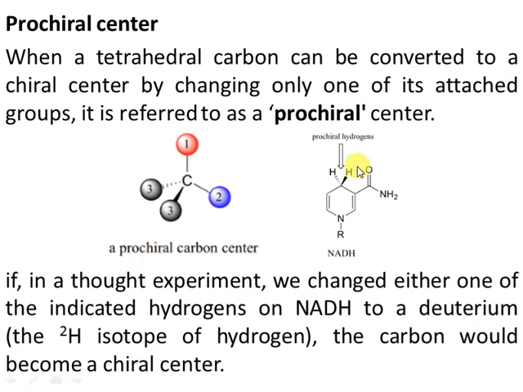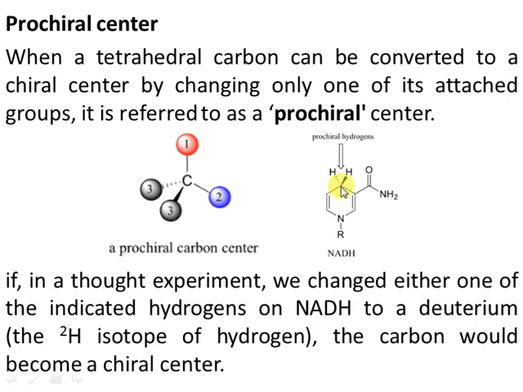For example, just consider this carbon. Here you can see this carbon is attached to a carbon which is attached to an amide group, and this carbon is attached to a carbon which has a hydrogen attached to it, right? So you can see that these two carbons are different, but these two hydrogens are the same. But suppose we replace one of the hydrogens with some other group, say this hydrogen with a chlorine, then the 4 groups attached to this carbon will become different, right?